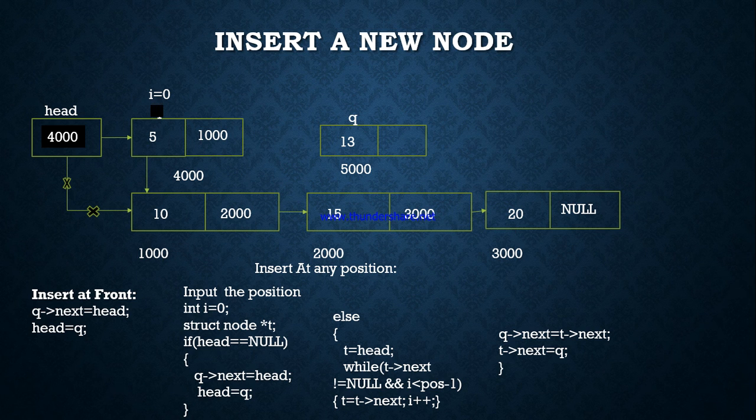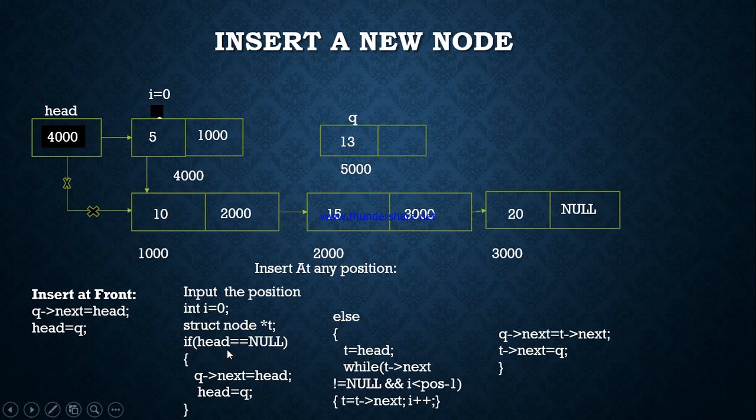Here our first logic is that if head equals to null. Suppose there is no node. So this is a blank linked list. There is no node, head value is null. That time what will happen? We can create only one node and link it by head. So this will be just simple as linked list creation.